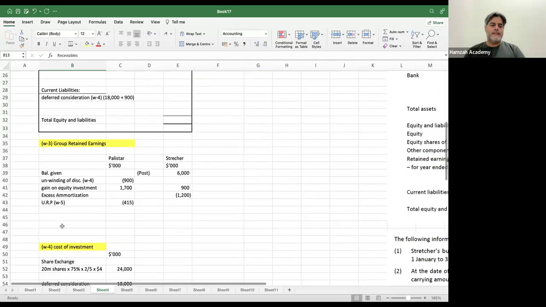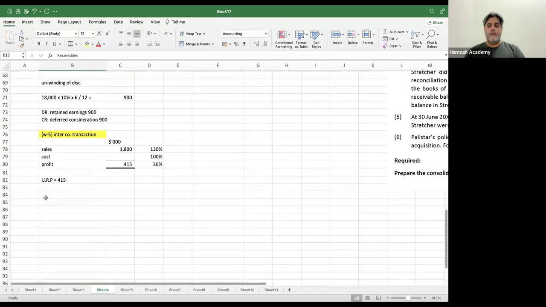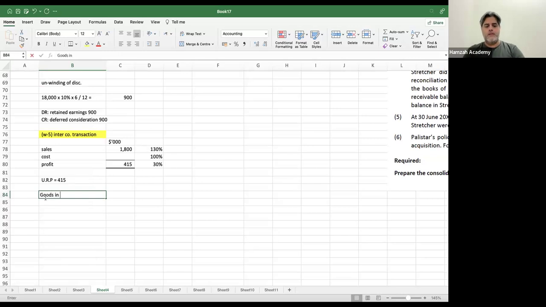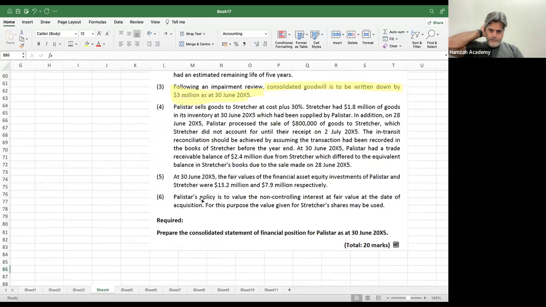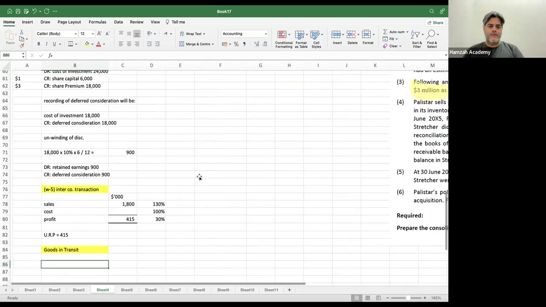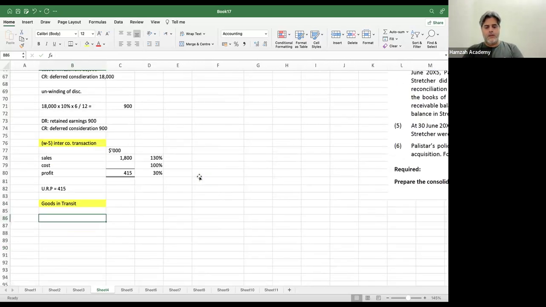One adjustment. Second one, the goods in transit. I'm going to write goods in transit now. And that is the sale of 800,000 over here, right? So if I go with this 800,000, Pelister sends the goods to Stretcher.